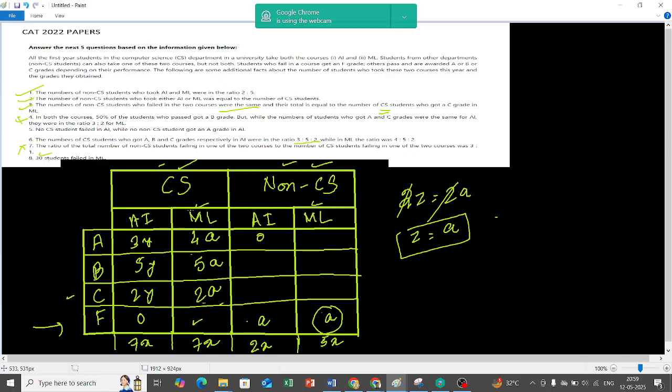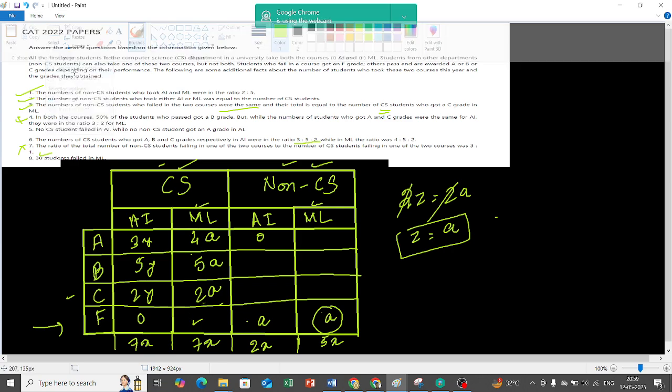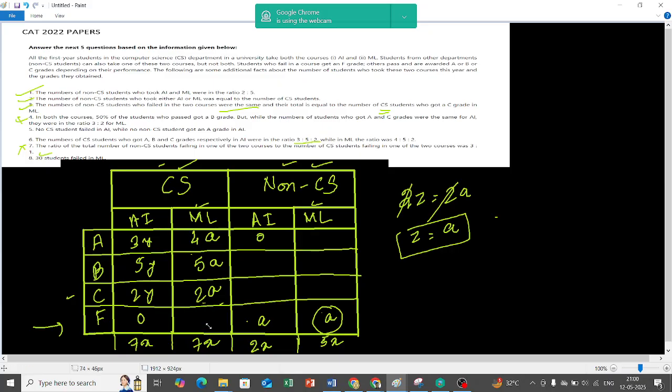So that means how many CS students failed in ML? 30 minus A. Did you understand, guys? Tell me.